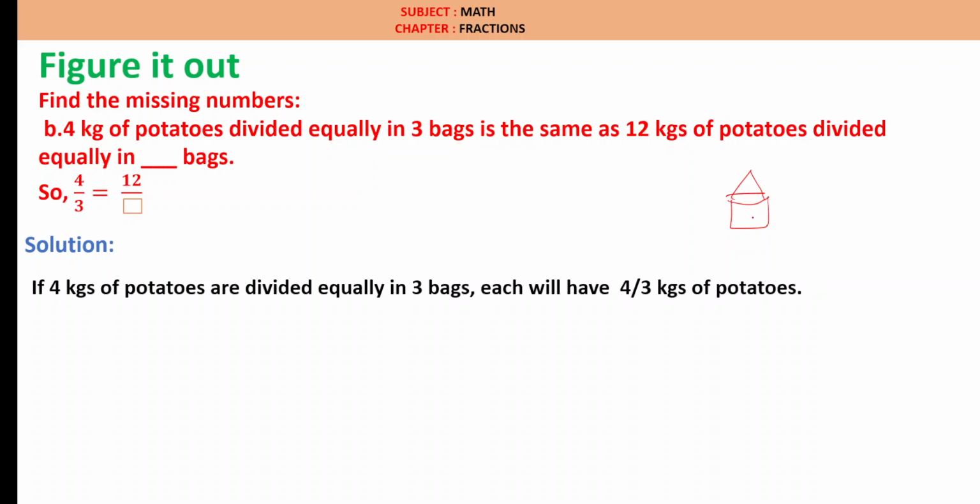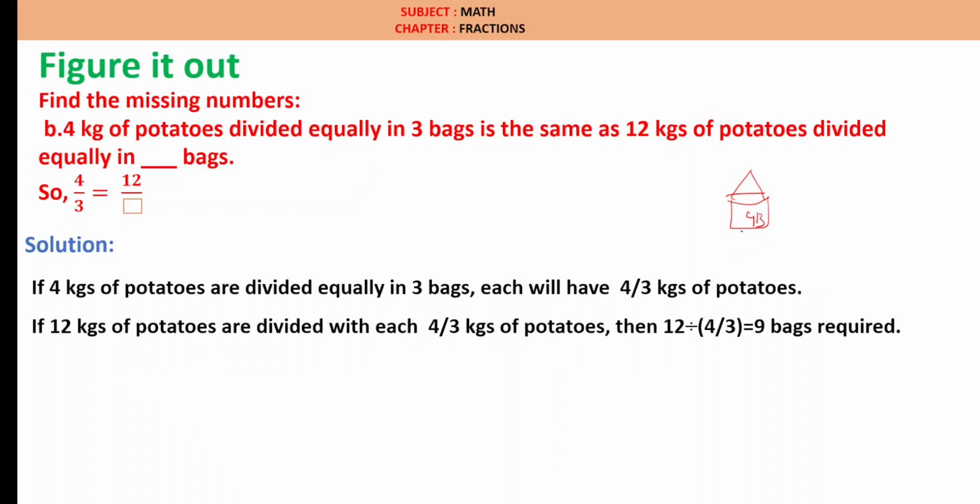Then we need to distribute 12 kgs. So how many bags do we require? If 12 kgs of potatoes are divided into portions of 4/3 kgs, then we need to divide 12 by 4/3, because each bag now has 4/3.